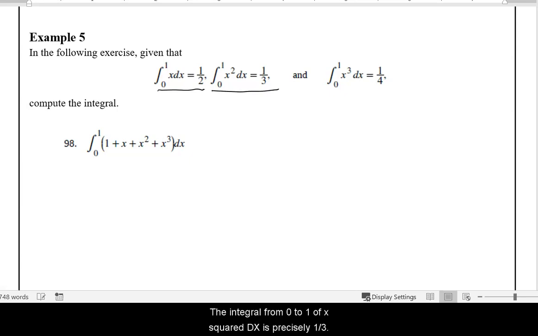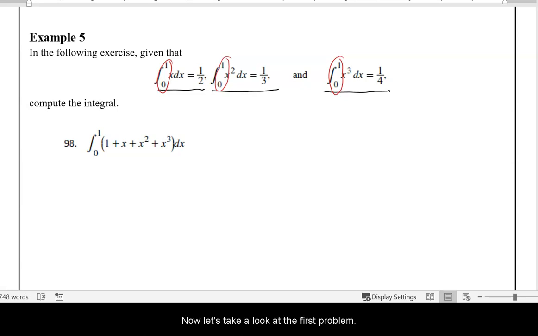The integral from 0 to 1 of x squared dx is precisely 1/3. And the integral from 0 to 1 of x cubed dx is 1/4. The thing that you need to note about all three of these is they have the same limits of integration. We're talking about the exact same interval in all three cases.